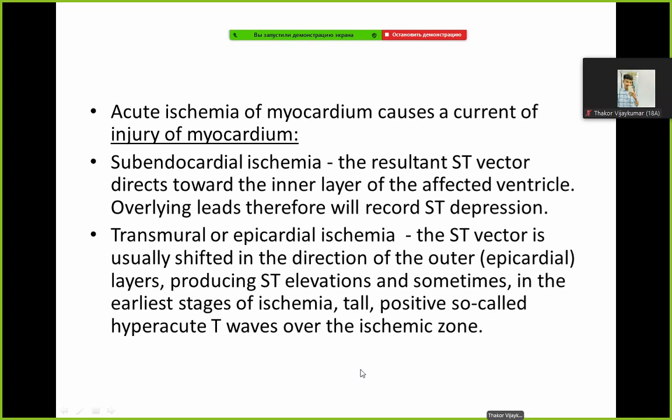Transmural or epicardial ischemia, the ST vector is usually shifted to the direction of the outer epicardial layers, producing ST elevations. And sometimes in the early stages of ischemia, tall positive so-called hyperacute T waves.